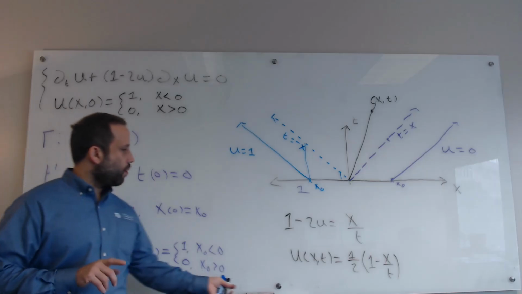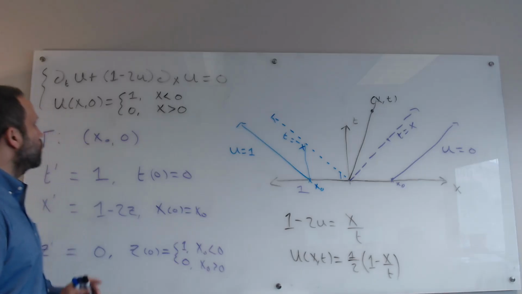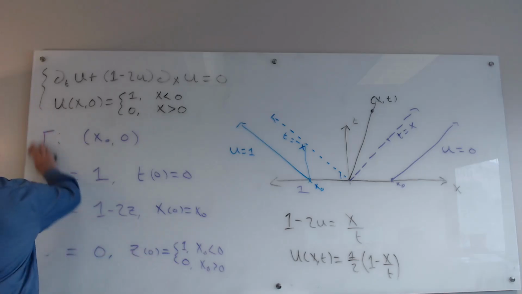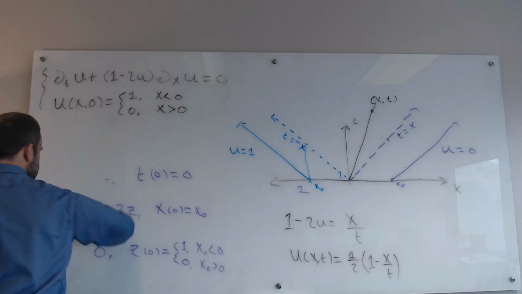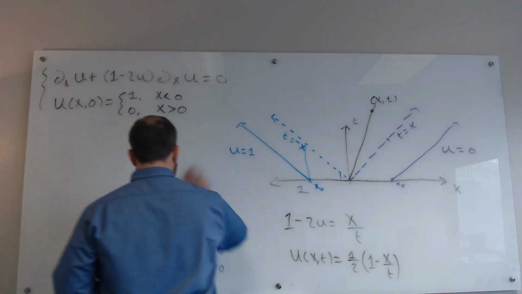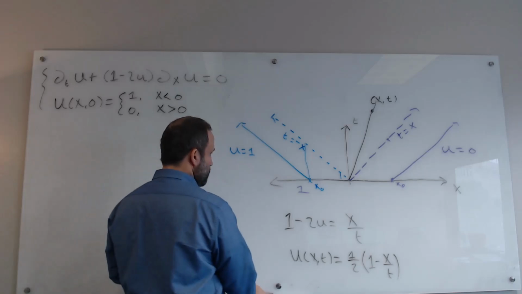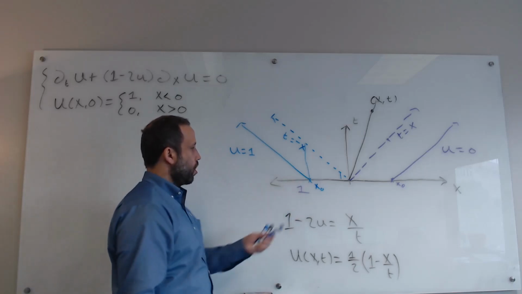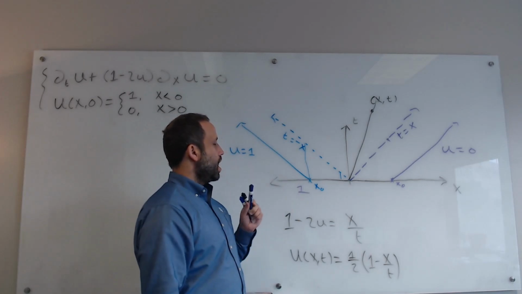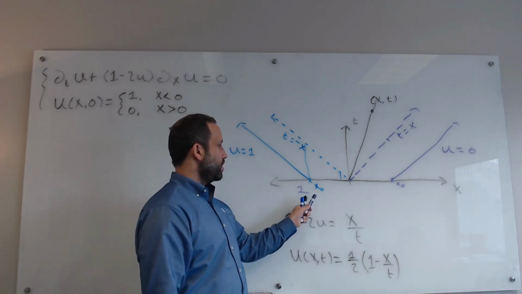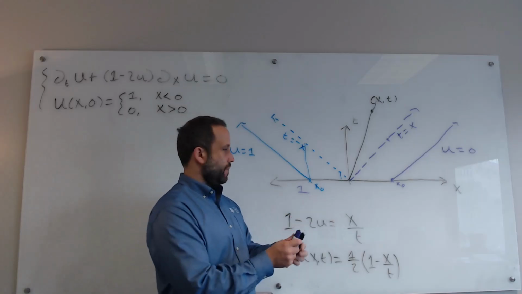The next thing that I want to do is a little bit more of an analysis here. I want to imagine a car. Let's say you are in car x0. I want to come up with a formula for your location as a function of time.